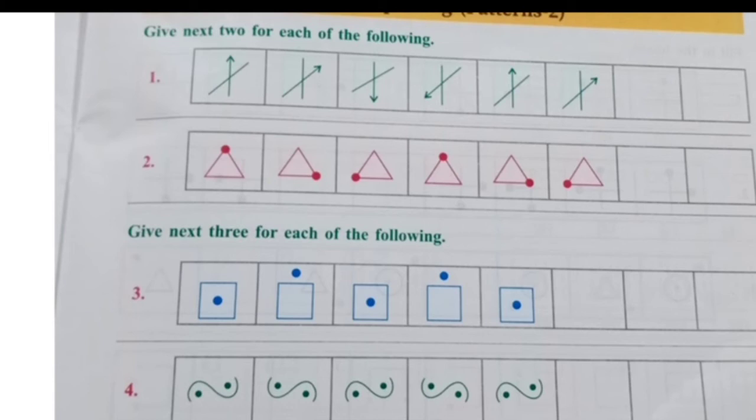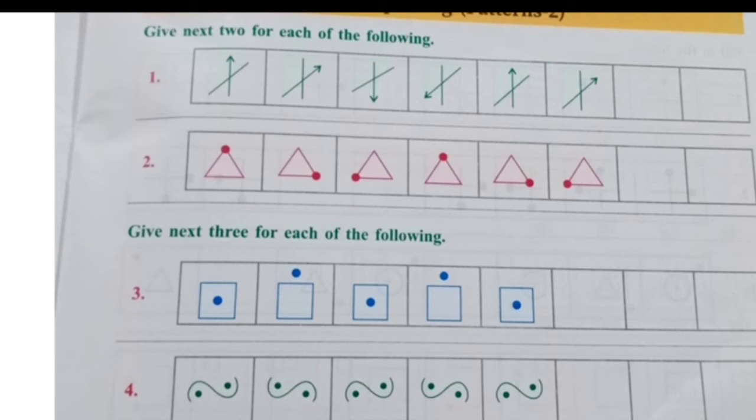In the first option it is shown upside. In the second option it is shown cross side. In the third option it is shown downside, and in the fourth option it is again shown cross side. Again it comes to the first picture, means first option and fifth option are the same. Second option and sixth option are the same.